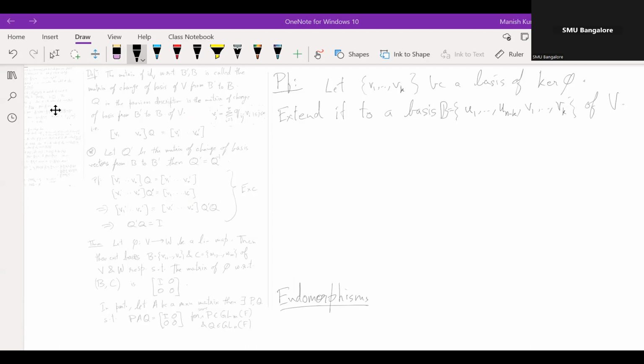Then remember last time we showed, in this dimension formula, the images of the Ui's. So phi of U1 to phi of U n minus k.